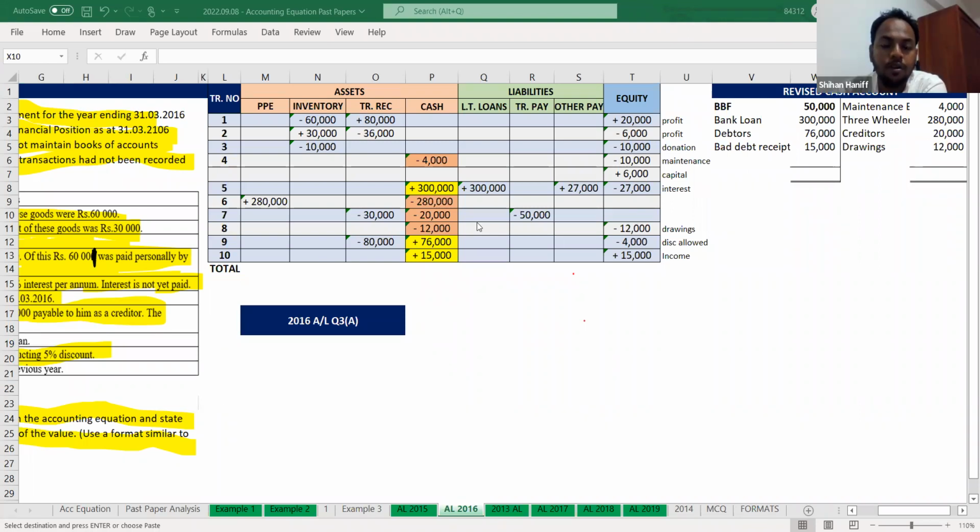Okay, so revised cash balance. Can you all tell me the answer for revised cash balance?